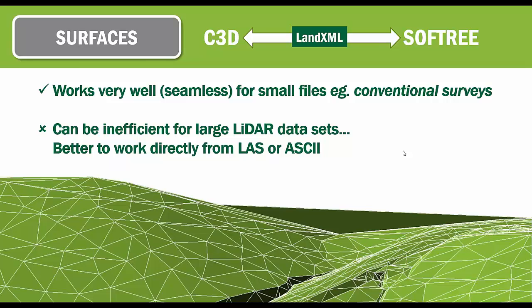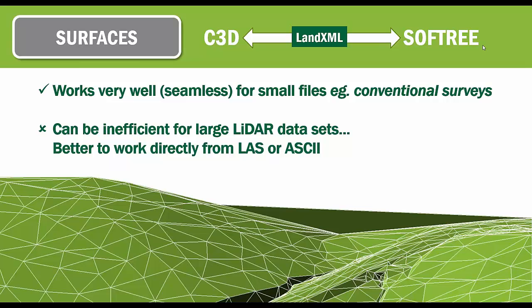If you've got a large LiDAR data set, you probably don't want to put it into the LandXML format to transfer it back and forth between Softree and Civil 3D. Instead, with a large LiDAR data set, I think it's much better to work directly from the original LAS or ASCII data. Just simply take that data and bring it into the environment, either Civil 3D or Softree, and retin it.